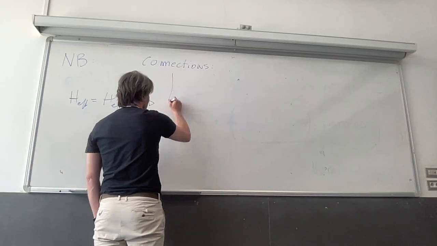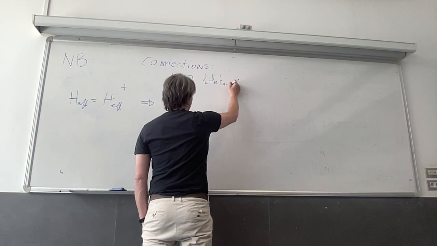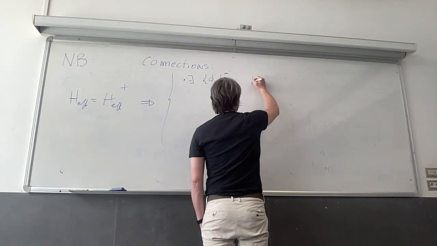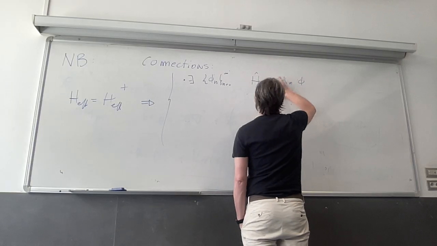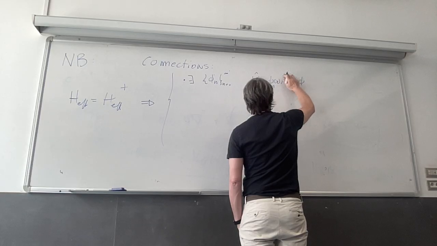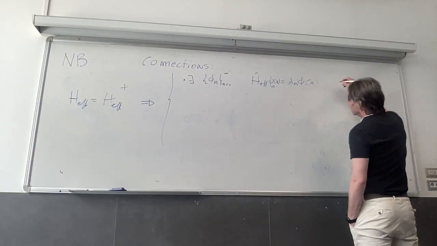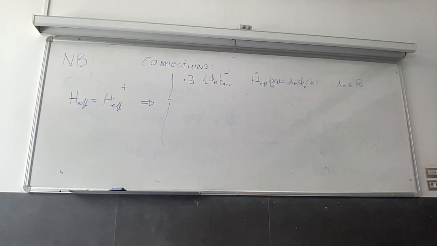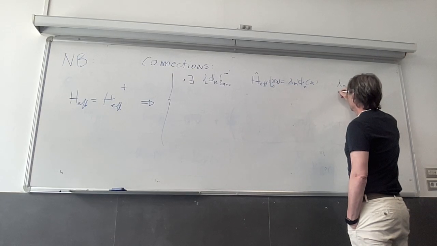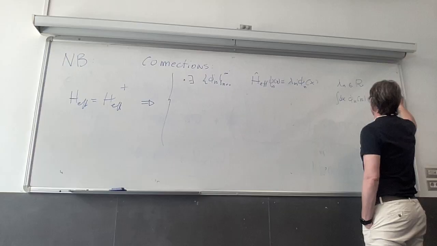First of all, there exists a complete set of eigenstates of H effective, where the lambda n's are real, so physically interpretable, and also the integral in dx of phi n of x, phi m of x is equal to Kronecker's delta m n.